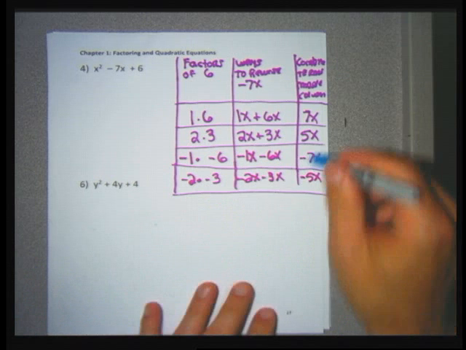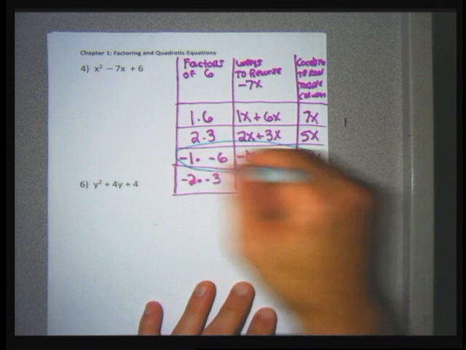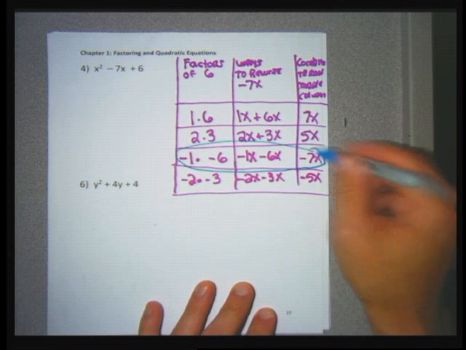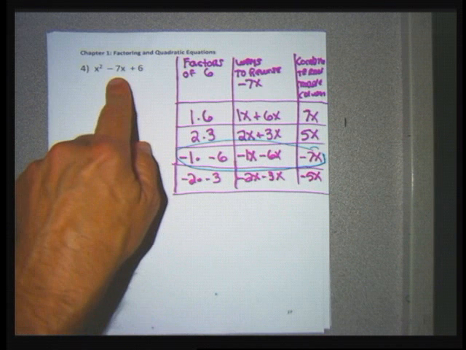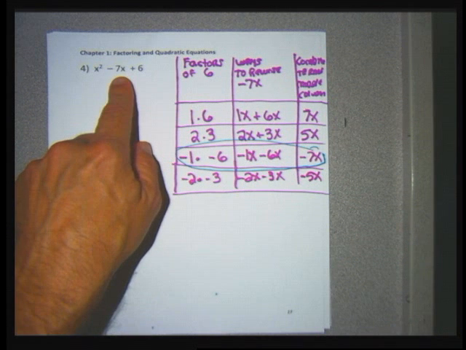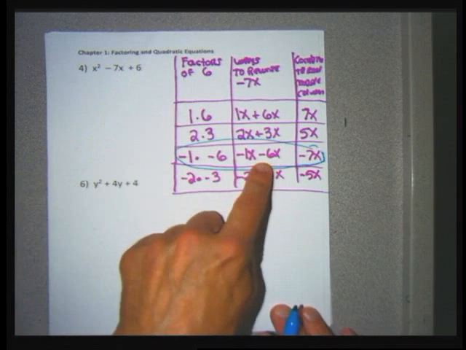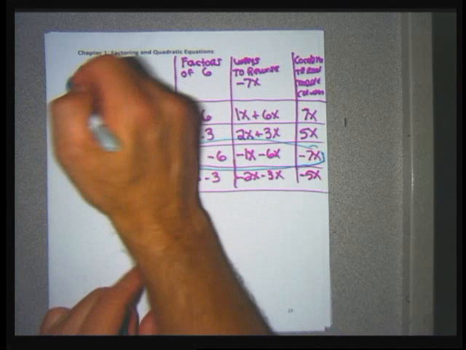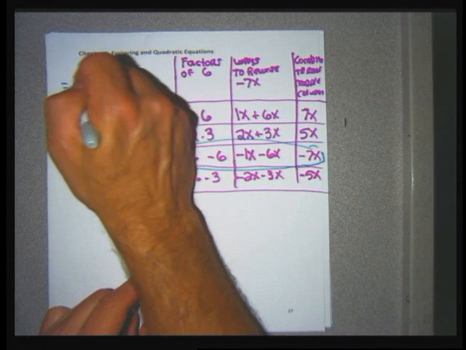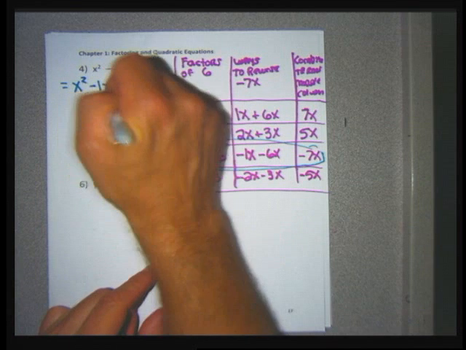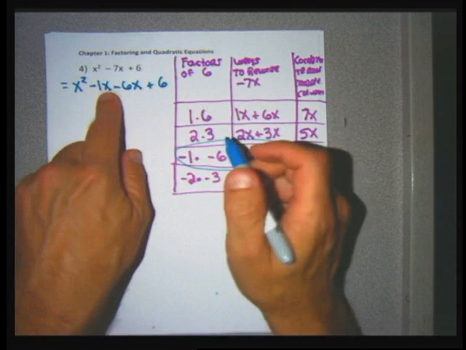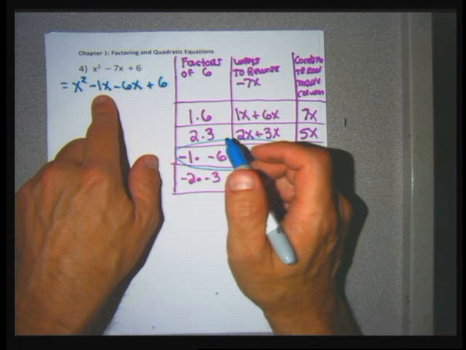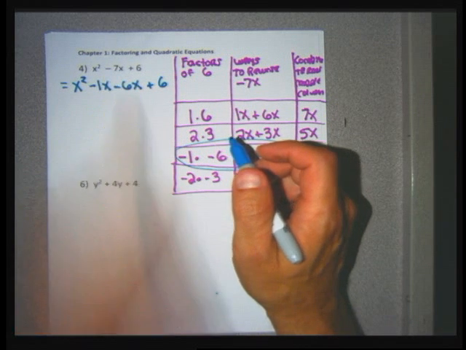So it turns out that this pair, or this column, is the important column. And what I'm going to do is I'm going to rewrite the problem by changing the negative 7x to negative 1x minus 6x. So I'm going to change the problem to x squared minus 1x minus 6x plus 6. If I simplified this line and I combine the kind of outers and inners here in some sense, you'd get that minus 7x.